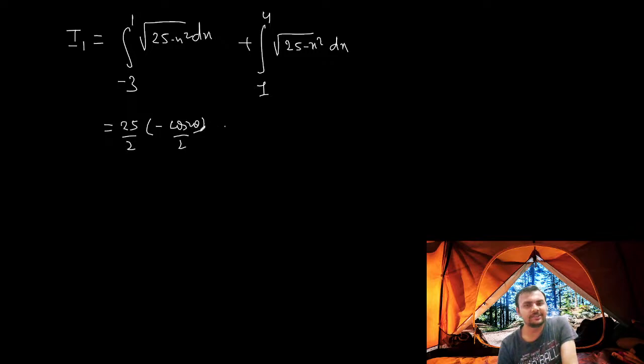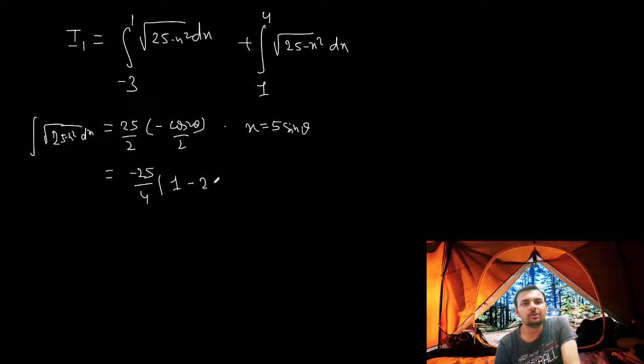And this is for the integration of root under 25 minus x square dx. And now we kept x equal to 5 sin theta, so we can simply say it is 25 by 4, 1 minus 2 sin square theta, okay?